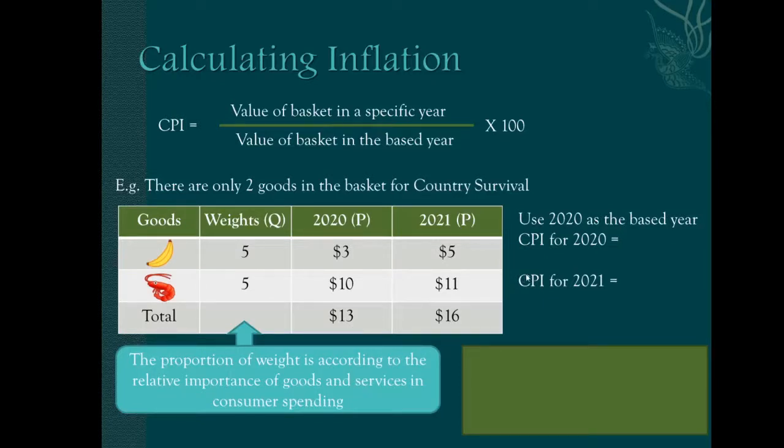Whenever we talk about the CPI for the base year, it's always going to be 100, because 13 over 13 times 100 is 100. So for the base year, always 100.